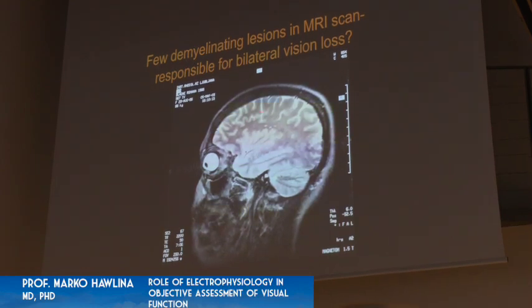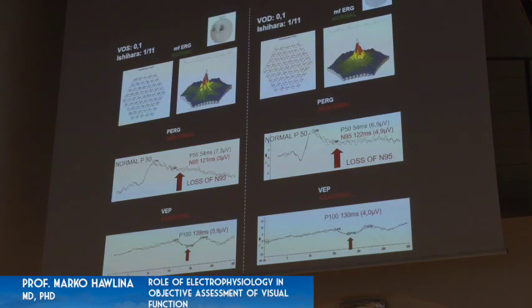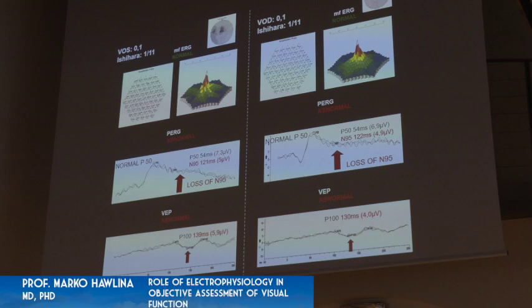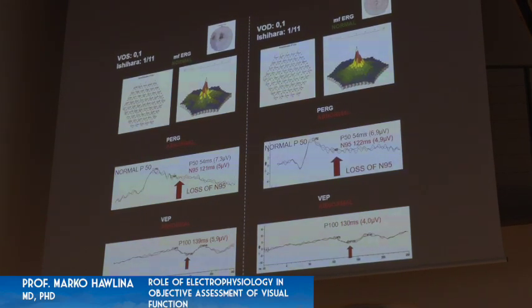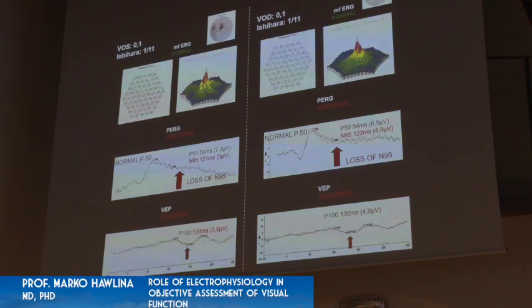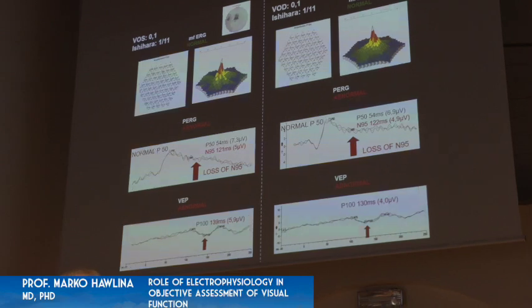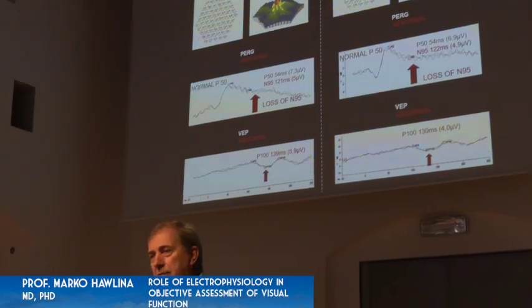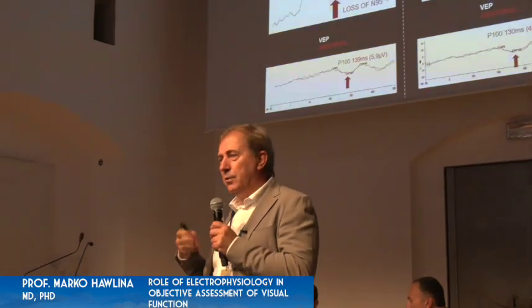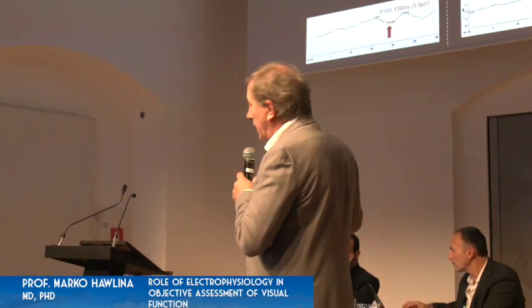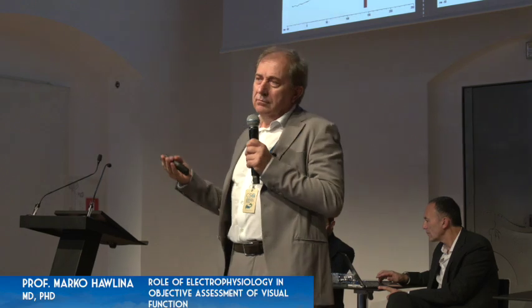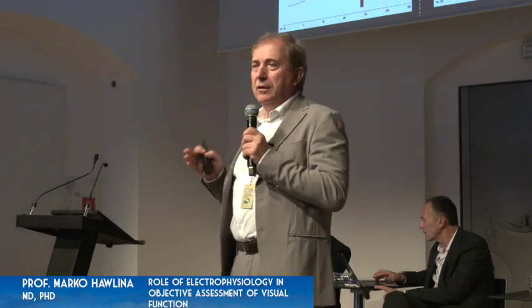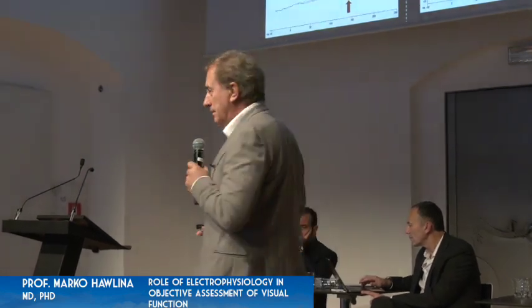She did have a couple of lesions in the brain that could be associated with multiple sclerosis, but what you find here is that the macula is perfectly normal, in contrast to the ones that I showed you before. However, she has loss of N95 and very delayed and reduced P100 of VEP. So what did she have? She had symmetrical optic neuropathy due to multiple sclerosis, which sometimes, very rarely, goes symmetrically in both eyes.